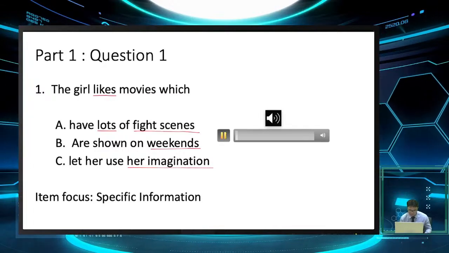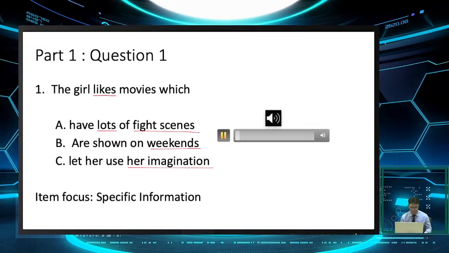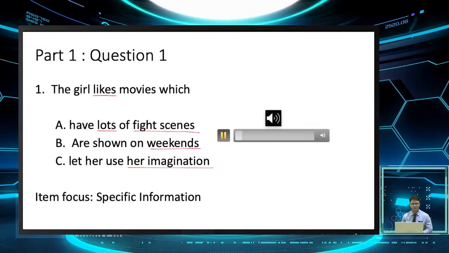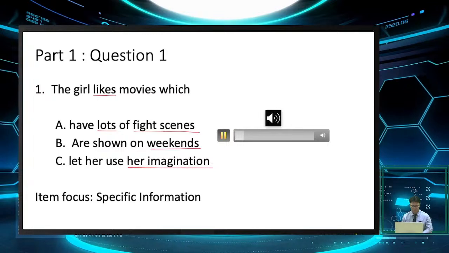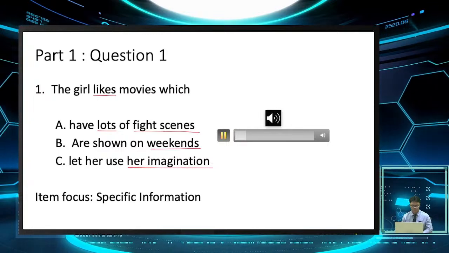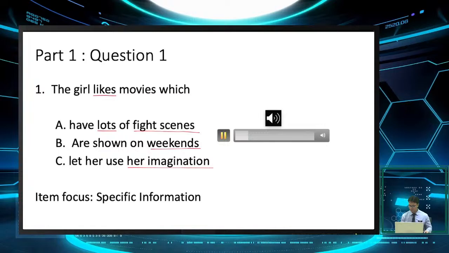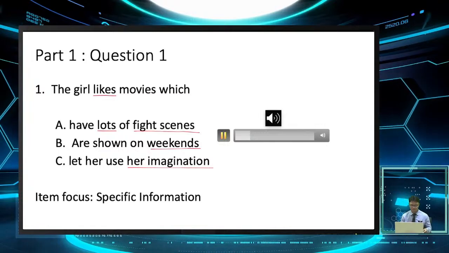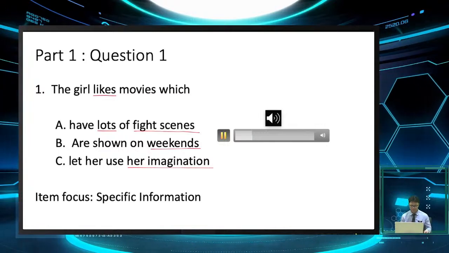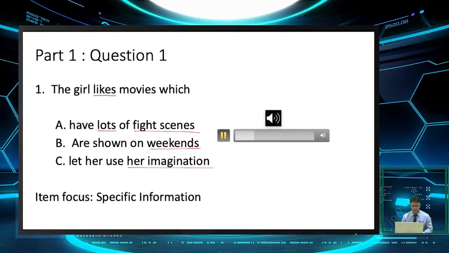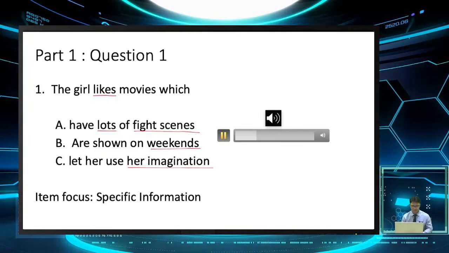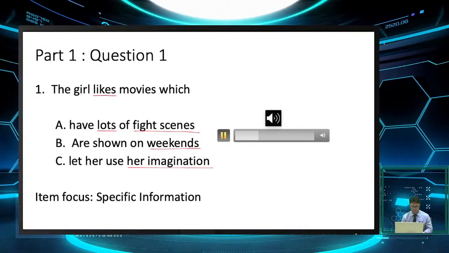Now we are ready to start. Listen carefully. Question 1. You hear a girl talking about watching movies. I usually enjoy watching my favorite movies and cartoons on weekends.